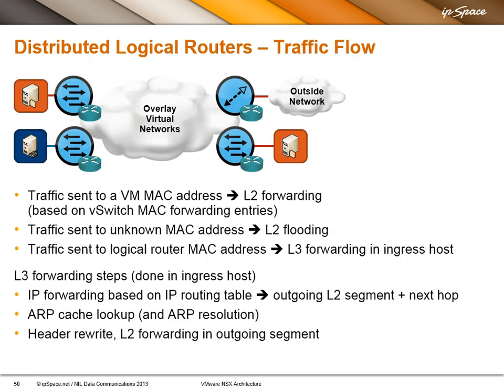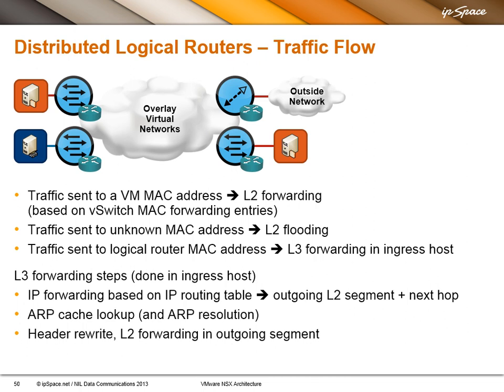The traffic flow, as I explained: the traffic is sent to the VM MAC address, which is always resident on the local hypervisor, and then the traffic is intercepted by the local hypervisor and sent to the other VM.